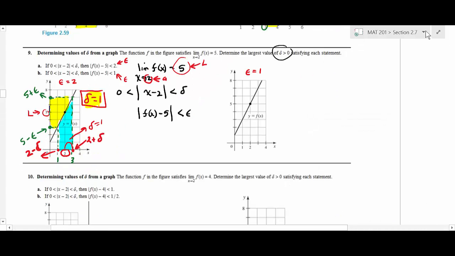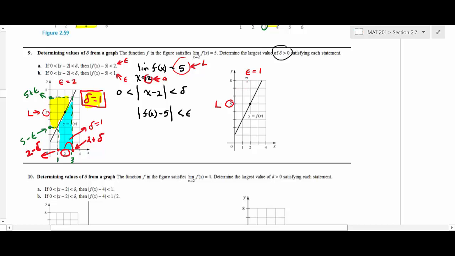Okay, moving to the next one. Now we're looking at epsilon equals 1. So we're going to do a similar thing here. Again, the value of the limit is 5. That's your limit value.